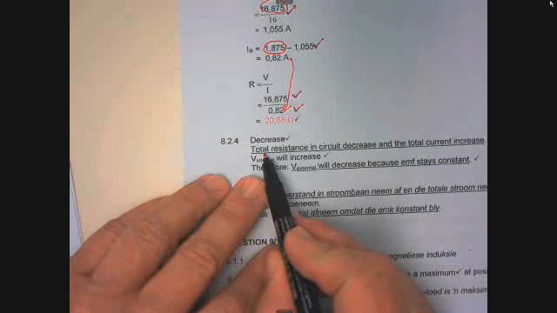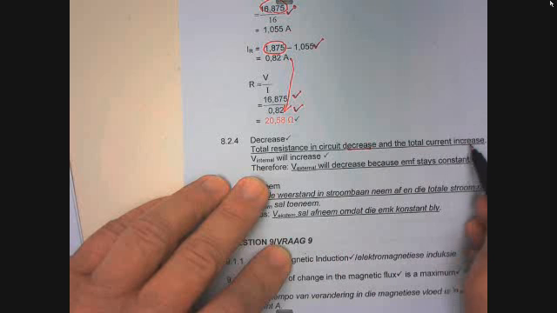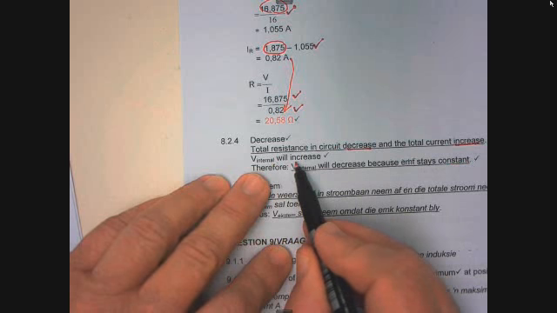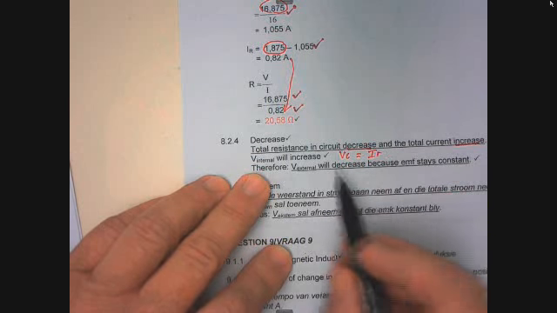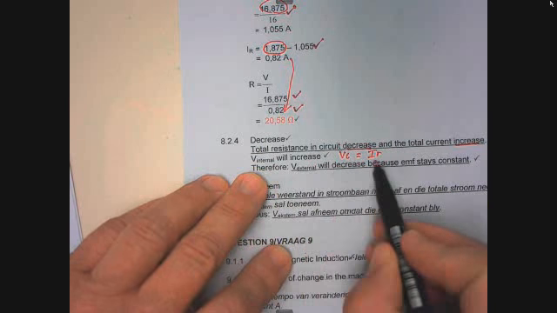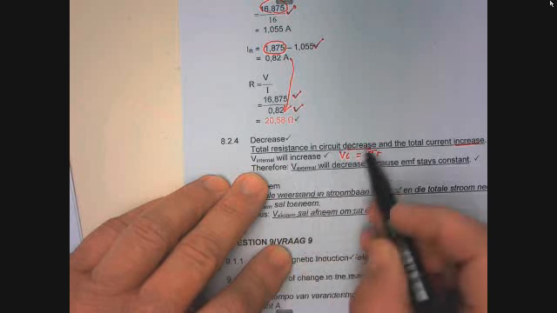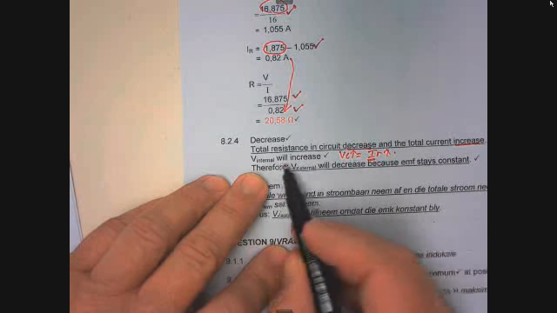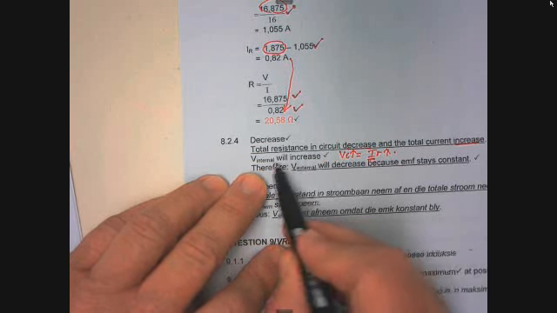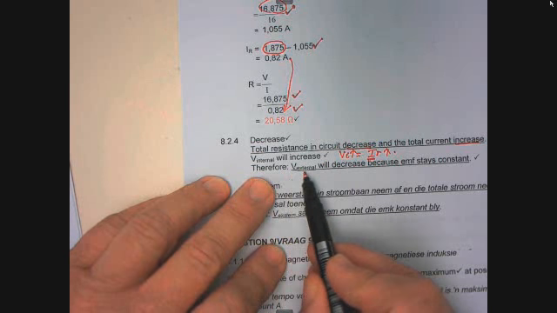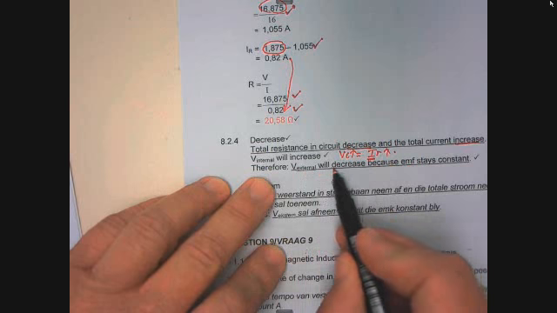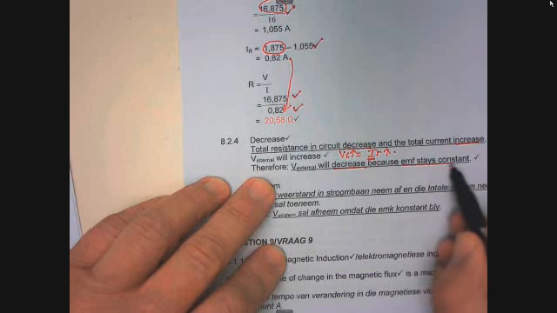And therefore, the first mark in our argument is the total resistance decreases, and therefore the total current increases. If that increases, then according to V internal equals I times R, if I increases, then V internal will also increase. So the second mark on your explanation is V internal will increase. And then because V internal increases, V external will decrease, and then stating because the EMF stays constant.